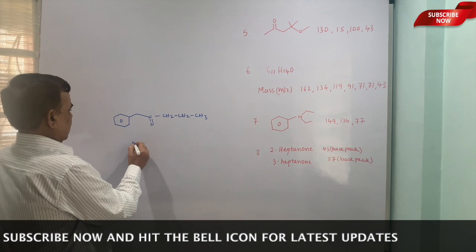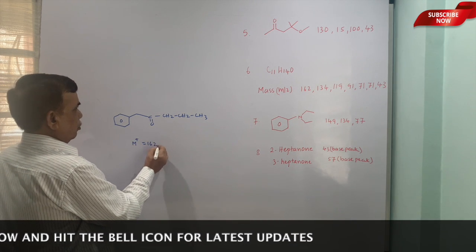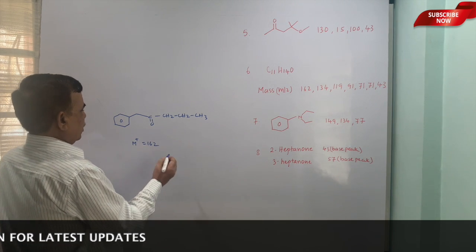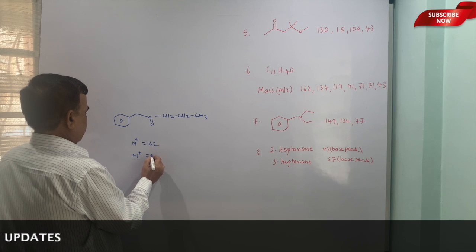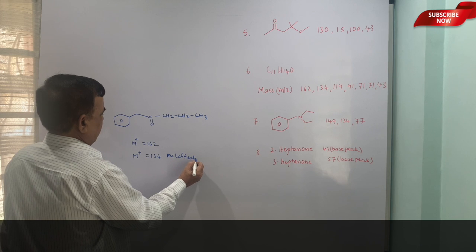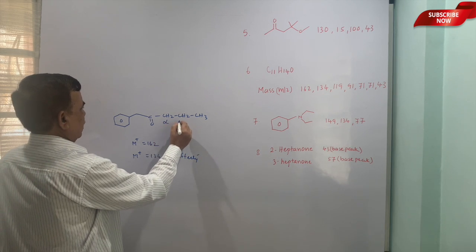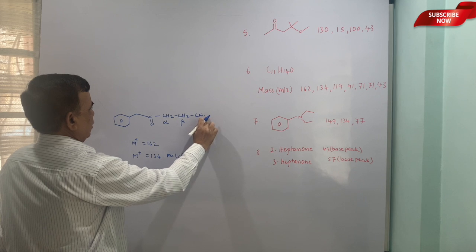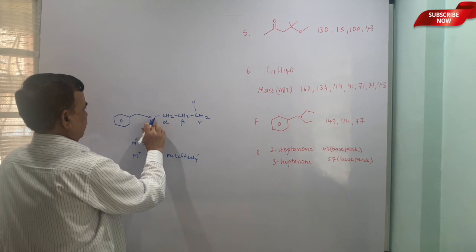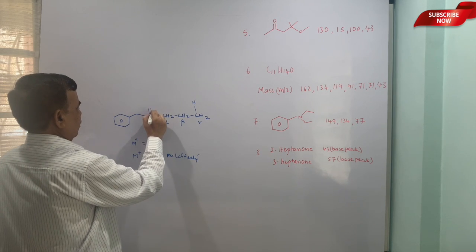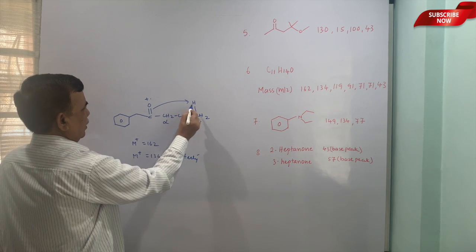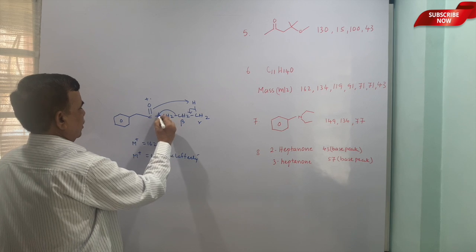162 is M plus. 134 is McLafferty: the abstraction of gamma hydrogen. So, alpha, beta, gamma hydrogen, you can show it like this. I will just show it upside so that you can show it straight away; you can show this kind of peaks, no problem.